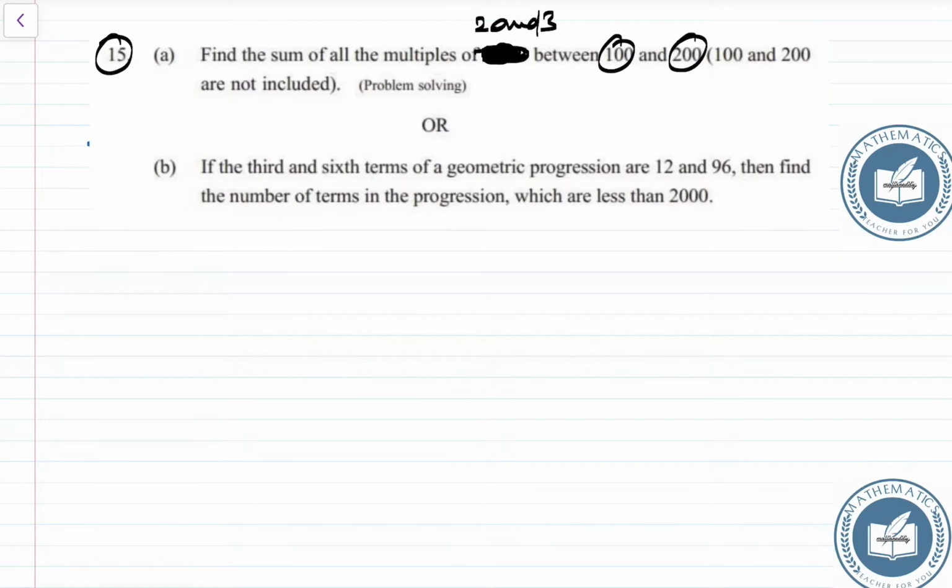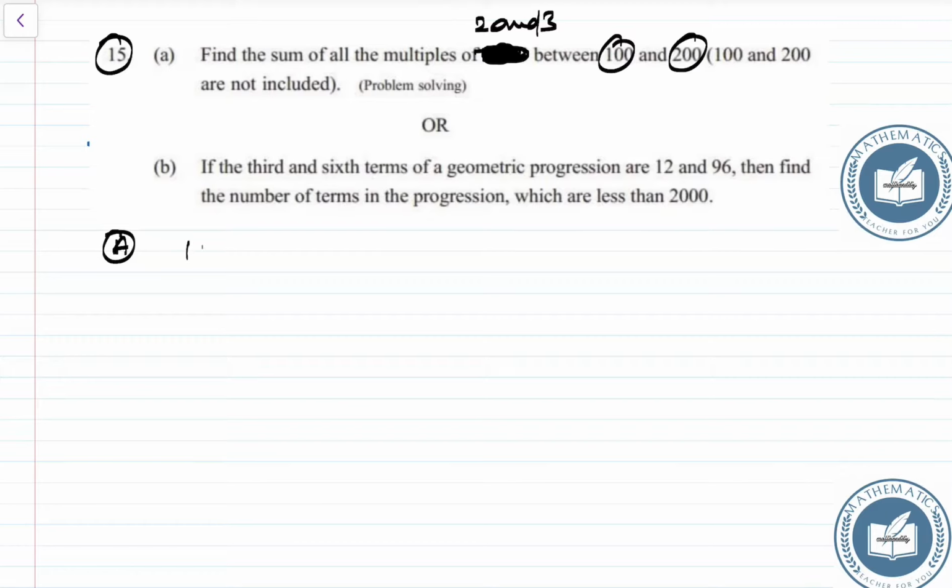First, we have to write all the multiples of 6. So in this given problem, the first number which is divisible by 6: suppose you see 100 is not included. 101 is not divisible by 2 and 3 either, and 102: 102 is divisible by 2 and at the same time divisible by 3.